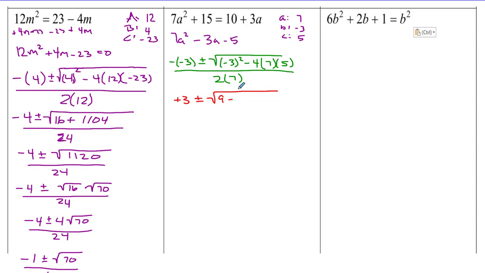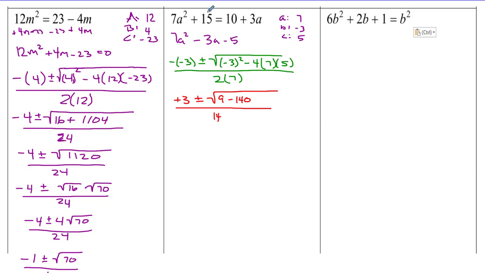Am I right? 20 times 7? Yes, negative 140. And this is all over 2 times 7, which is going to be 14.